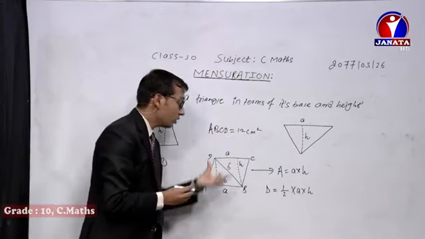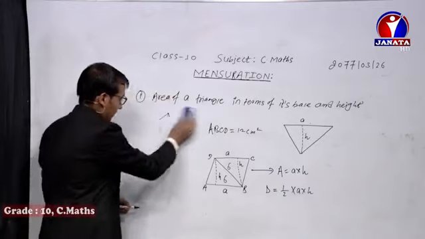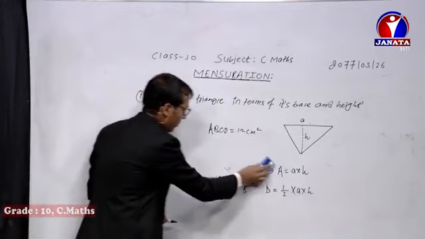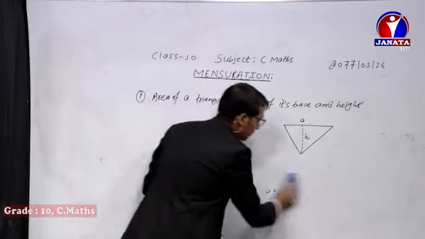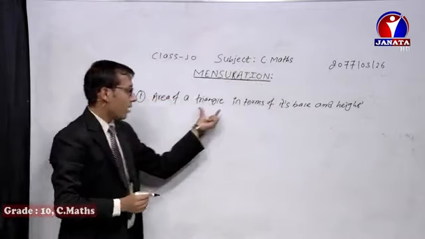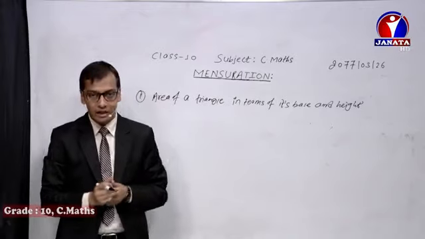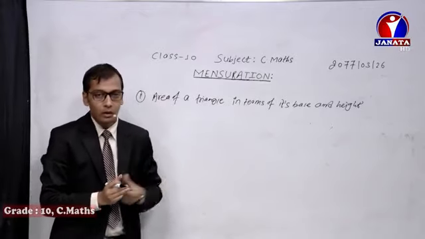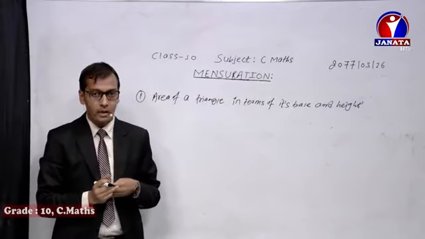So after talking about this, now let me move into the next topic. After discussing area of triangle in terms of base and height, its simple formula is 1/2 base times height.